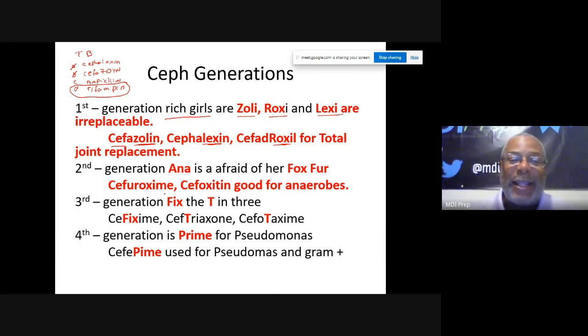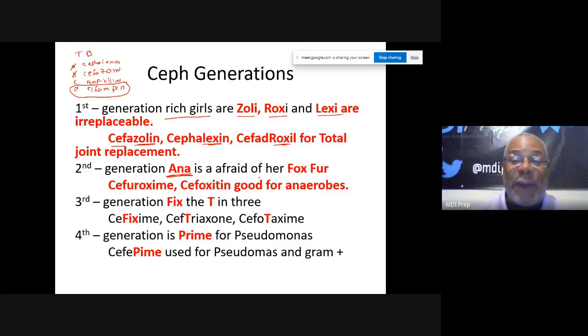Now, second generation is Anna. It's all about Anna. You all may not know Anna, but there used to be this star a long time ago named Anna Nicole Smith. She married this old rich guy, right? Anna loved very expensive things.